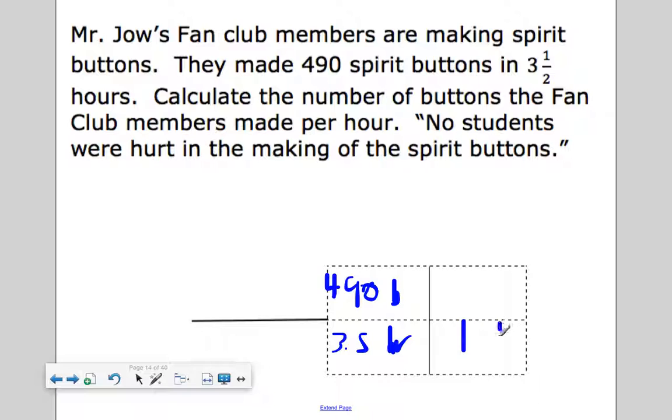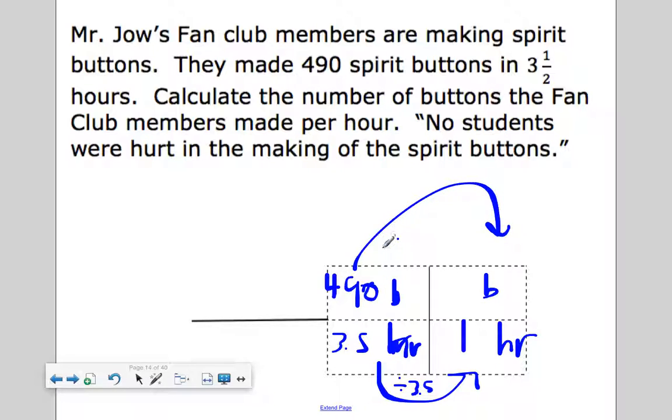But it says how many buttons were made per hour, each hour or 1 hour. So how do you turn 3.5 hours to 1 hour? How can I break it down from 3.5 hours to 1 hour? I will have to divide the numerator and denominator by 3.5. So 490 divided by 3.5.